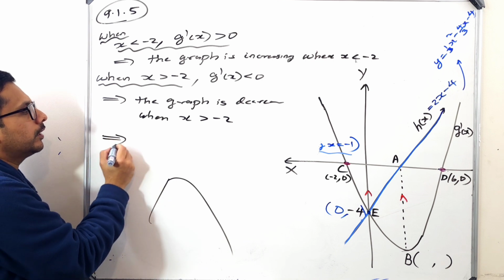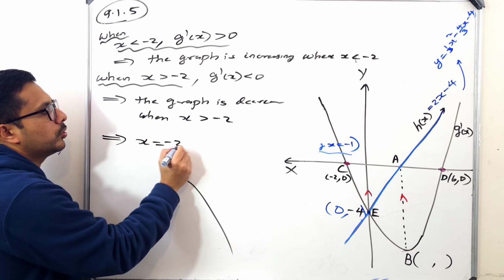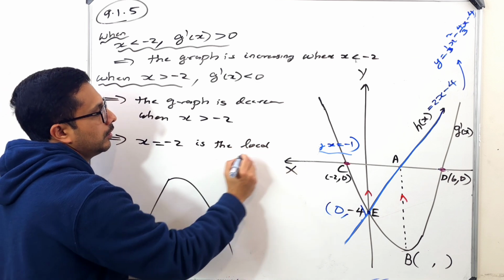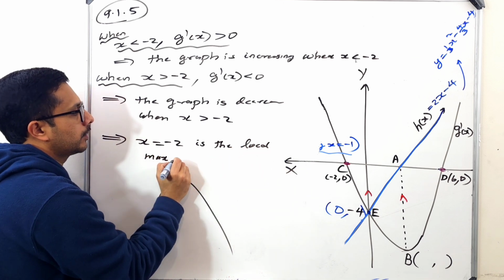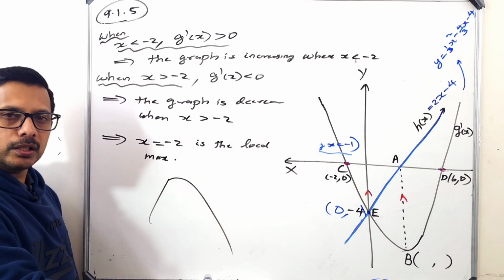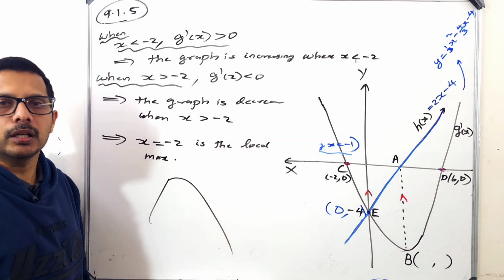It implies that x is equal to minus 2 is the local maximum. Before minus 2 it is increasing, after minus 2 it is decreasing, therefore x is equal to minus 2 is the local maximum.